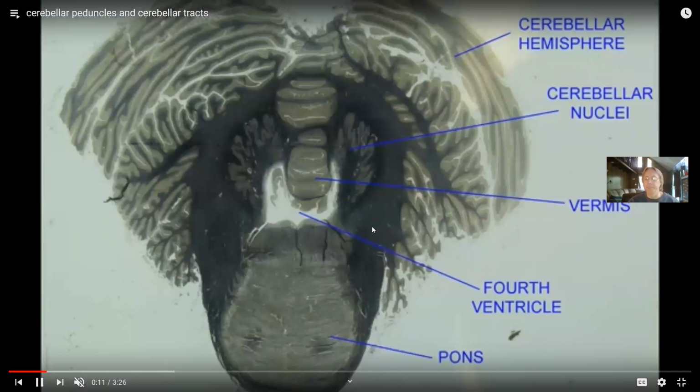So this means that structurally it has to be attached, but also there have to be lots of axons of white matter going back and forth between the cerebellum, which is here, and say the pons, which is here. So see all this gray matter, this white matter, which is both attaching it and also providing impulses to go back and forth.